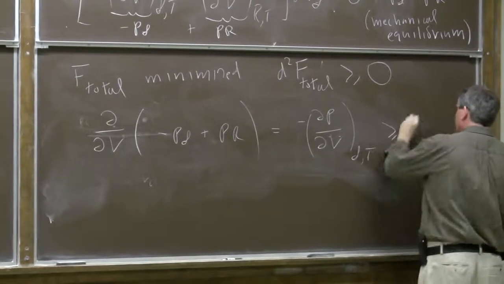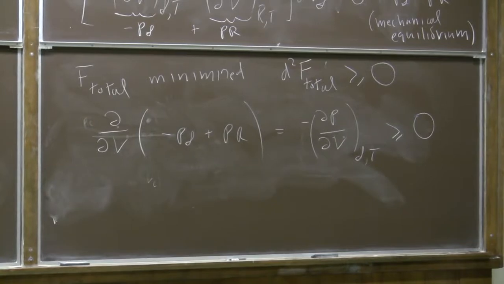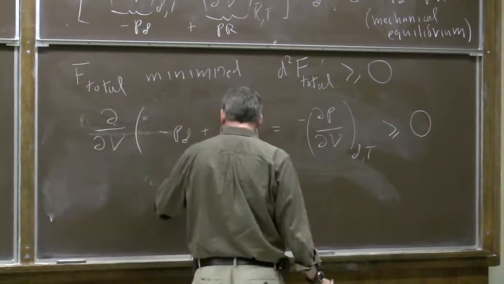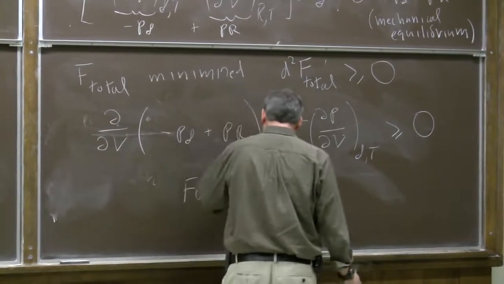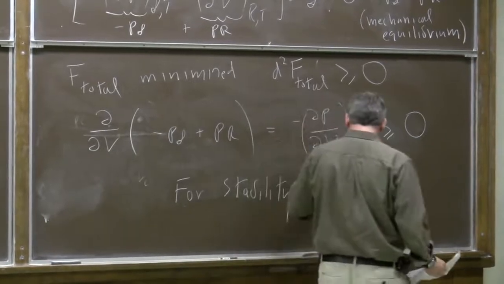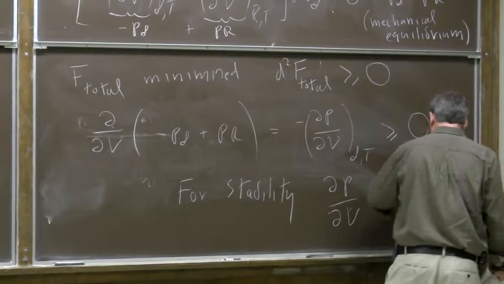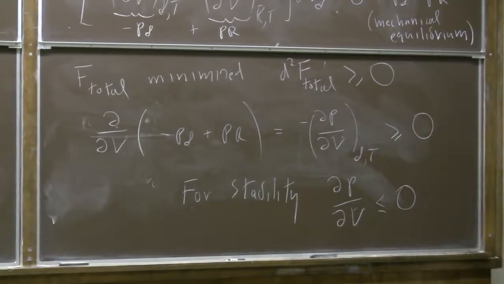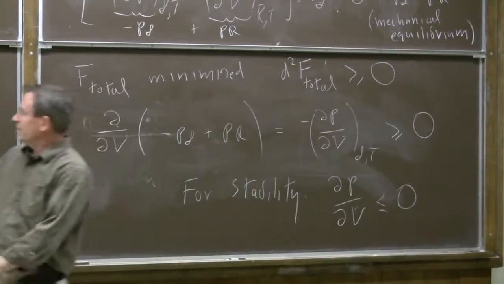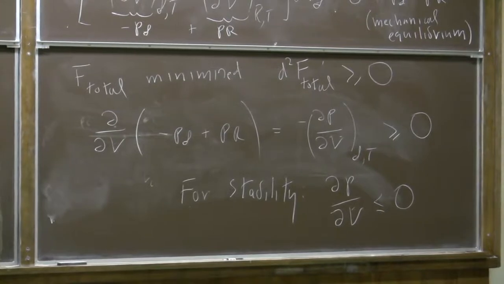And we want that to be non-negative for stability, so that the free energy is really minimized rather than maximized. So the conclusion again is for stability, the derivative of pressure with respect to volume for the system should not be positive. And that's not true here. We had dP/dV positive in between these two values of the volume.